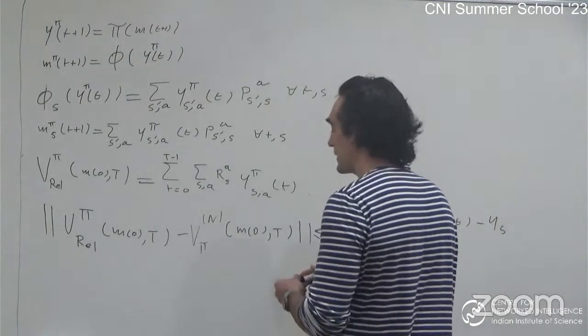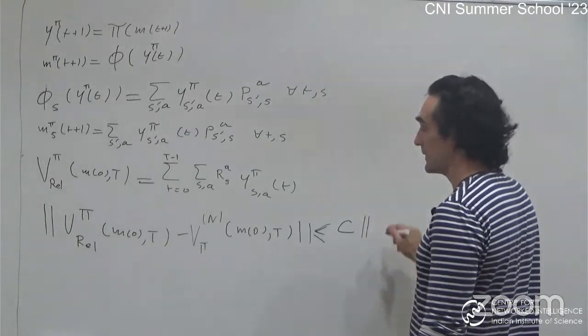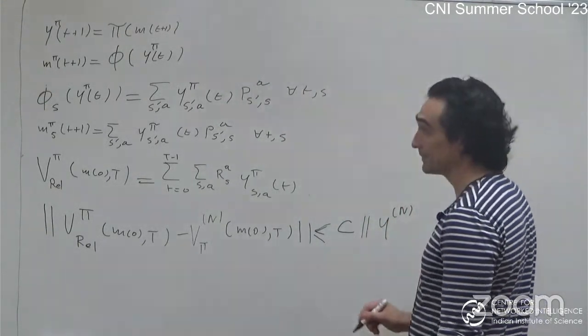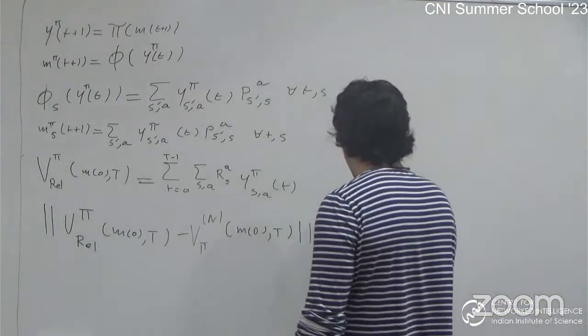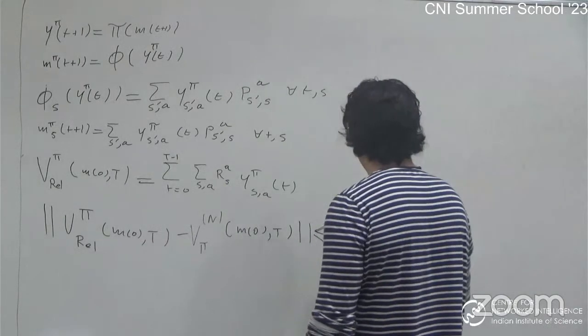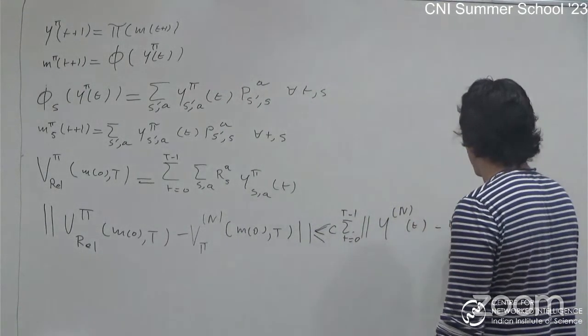This you can say is upper bounded by t of y and, let's say, the summation from t equals 0 to t minus 1 of y t minus y.